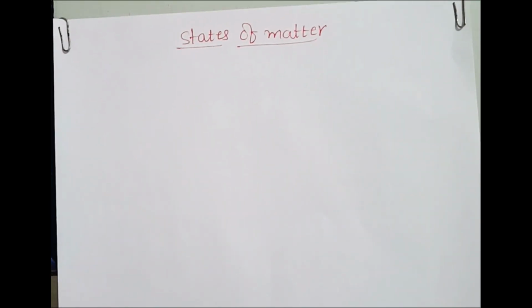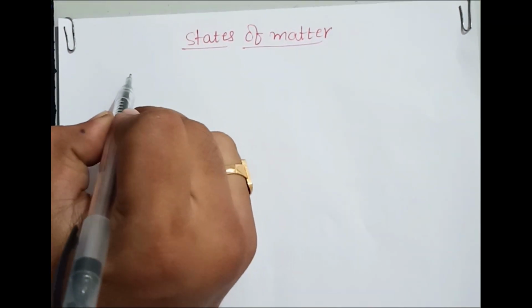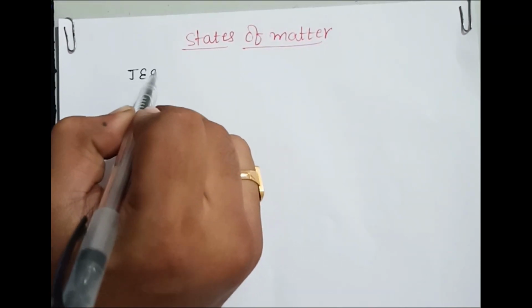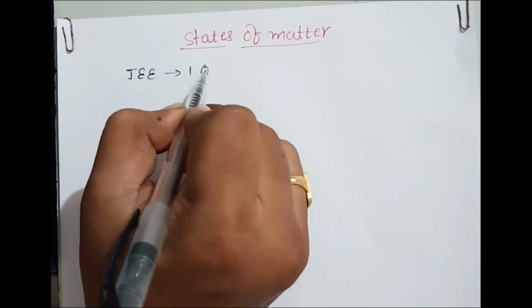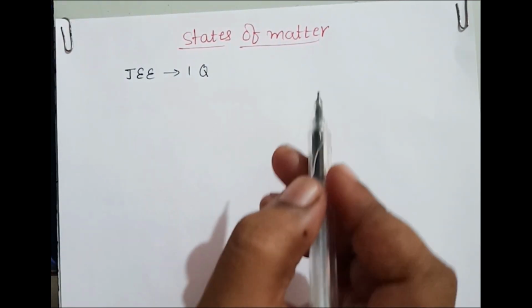So here, first of all, let us know the importance of this chapter. The states of matter is very important. In JEE, one question is compulsory in this chapter every year.